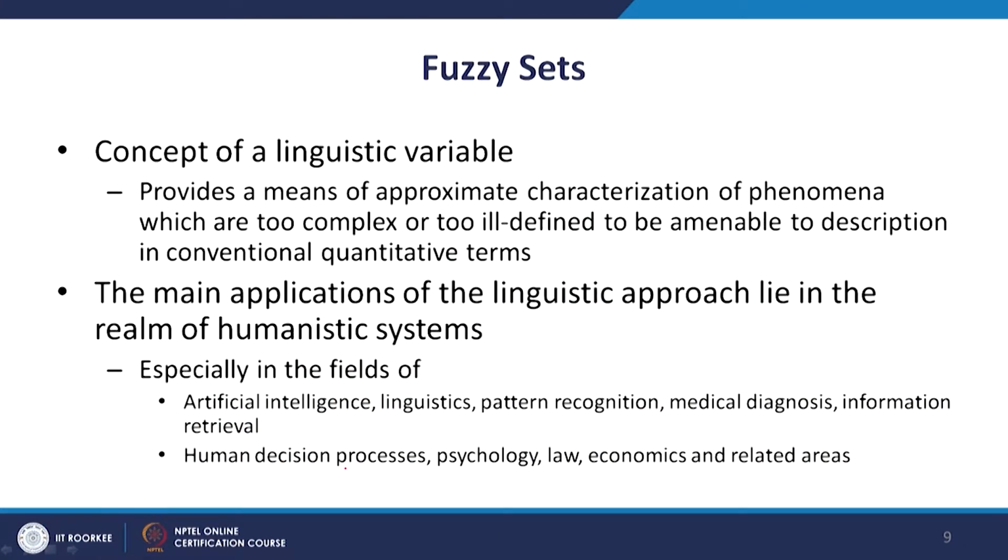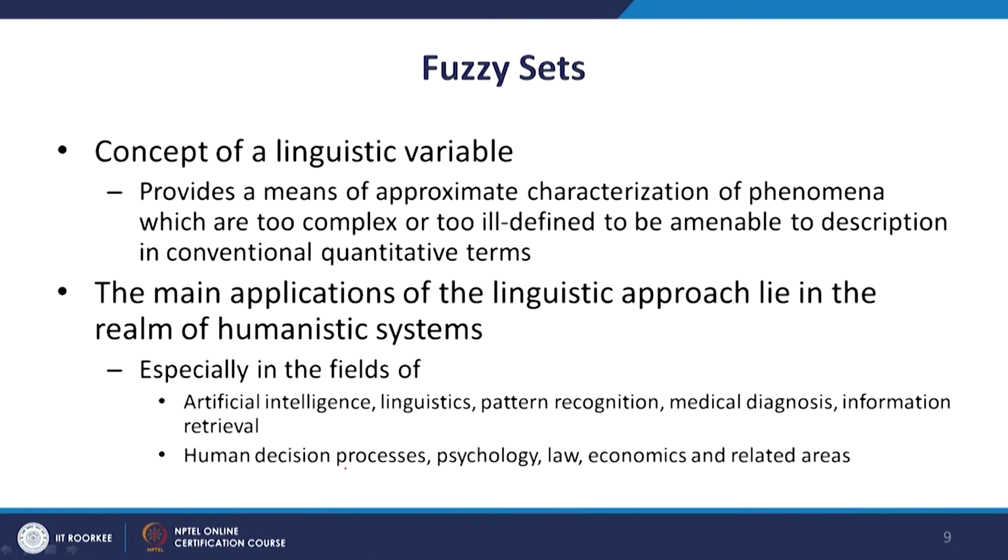So, we look at the applications of the linguistic approach. Many of the humanistic systems where human decision making is involved, which covers a whole lot of space, can apply this. You can see the fields mentioned in the slide: artificial intelligence, linguistics itself, pattern recognition, medical diagnosis, information retrieval.